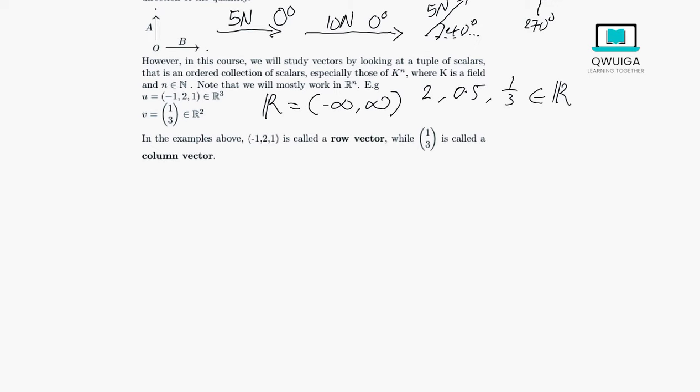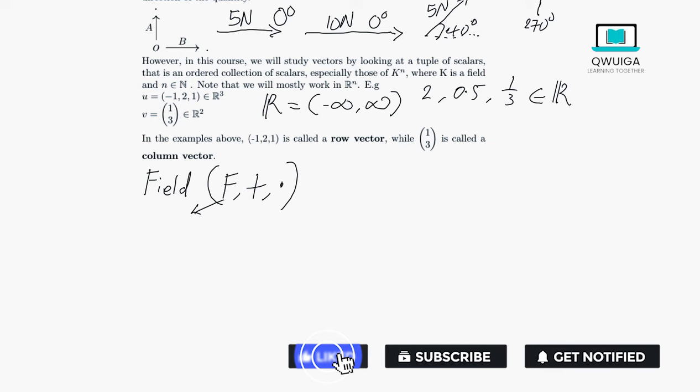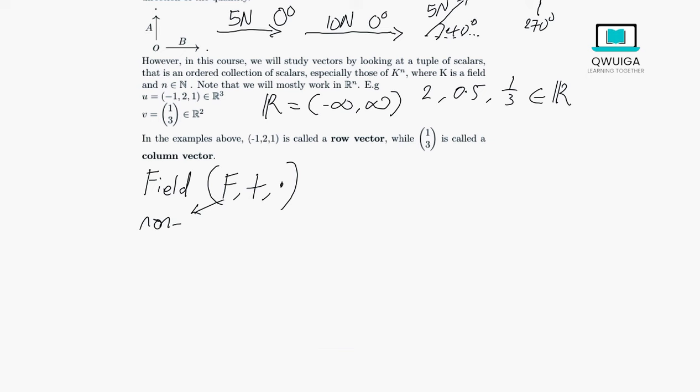A field, which I'll represent as (F, +, ·), is made up of a non-empty set F with two binary operations defined. The two binary operations here are addition and multiplication.